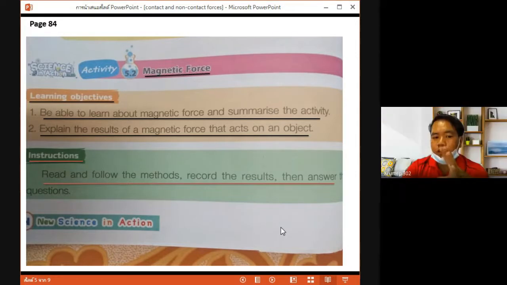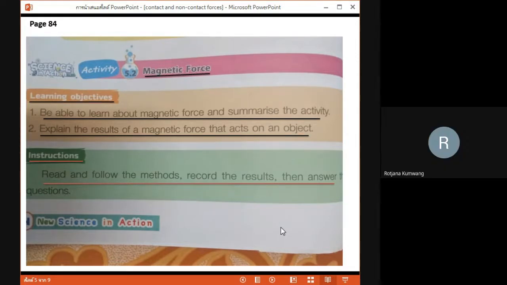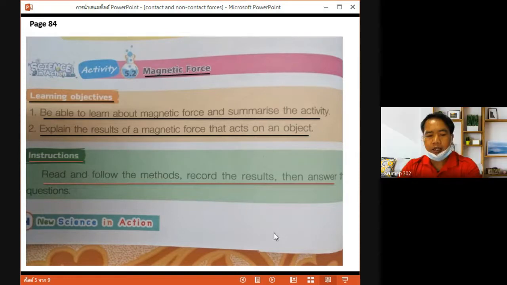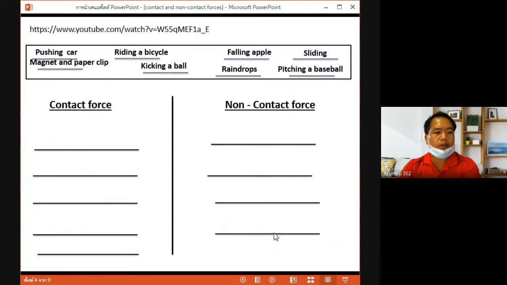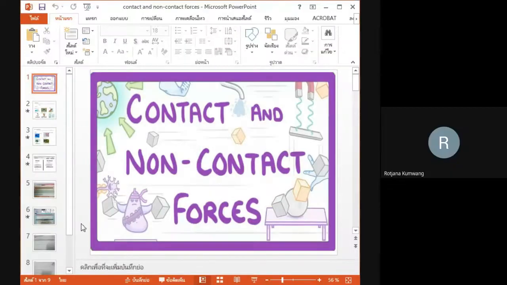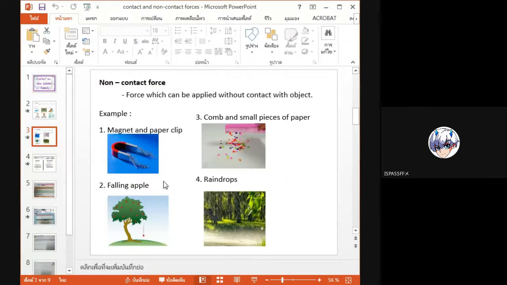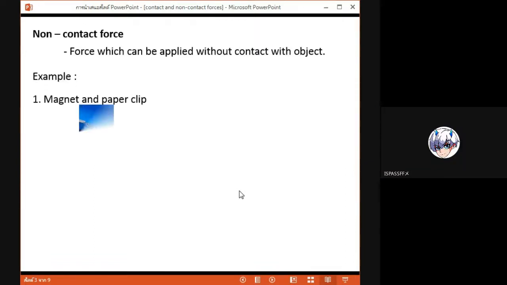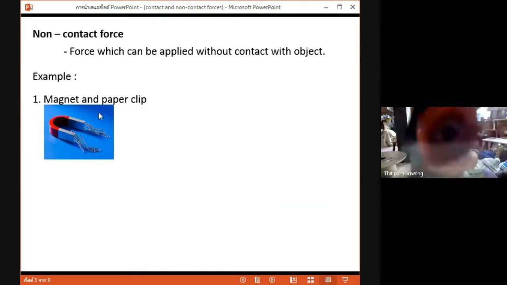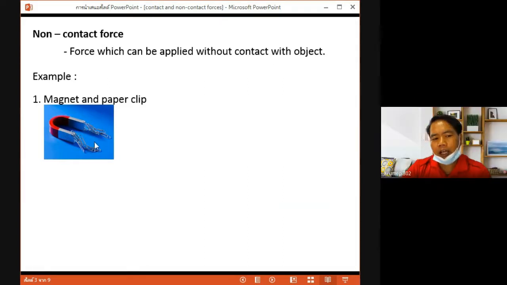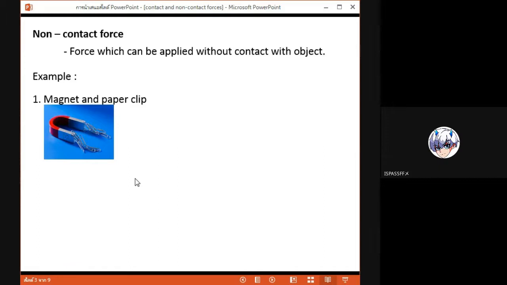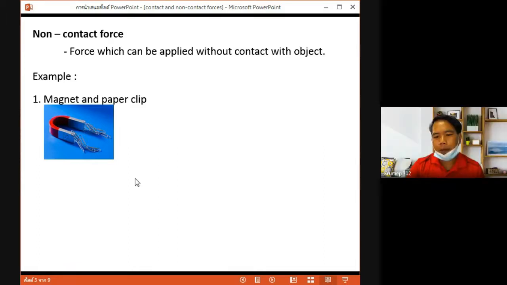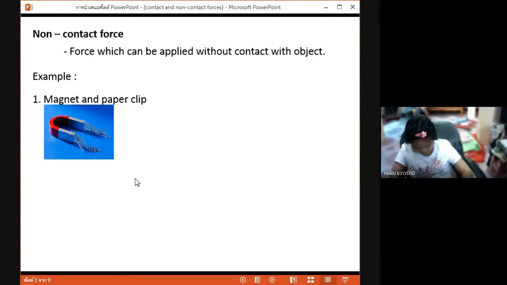Okay, for example, you can play with this magnet and other small things like a paper clip, and observe and write your comments.